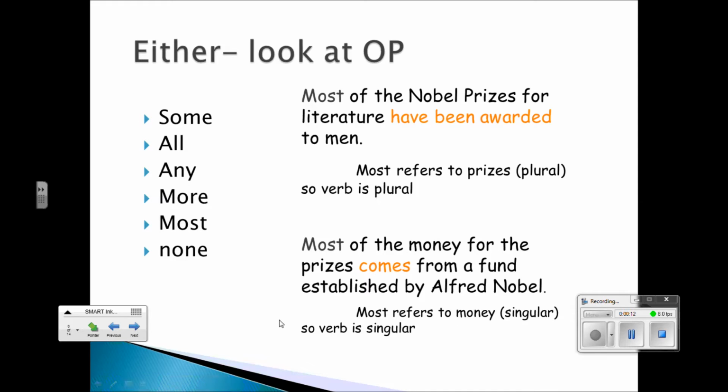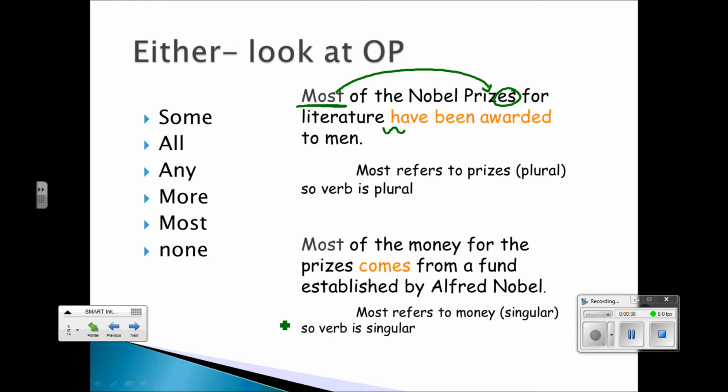These 6 words can be tricky. We need to take a look at these together. These words can be either singular or plural, depending on how they're used in the sentence. So what you need to do is look at the object of the preposition. For example, in this sentence, most of the Nobel Prizes, most is your subject, but it's referring to the word prizes, which is plural.